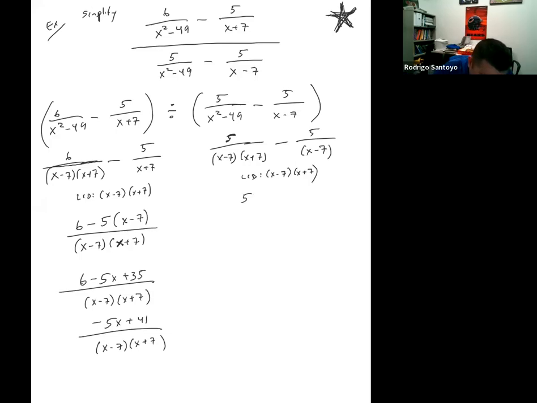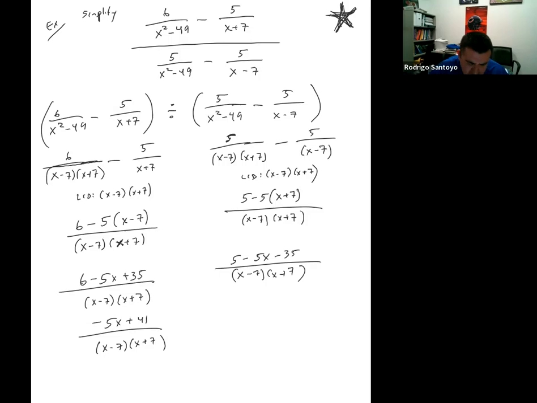All right, so now we have 5 minus 5 times an x plus 7 over your LCD. All right, then we distribute that negative 5, leaving us with 5 minus 5x minus 35 over x minus 7, x plus 7.